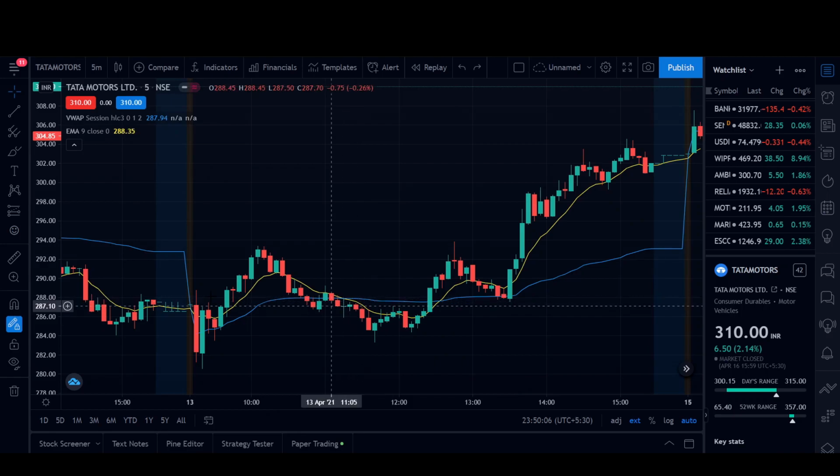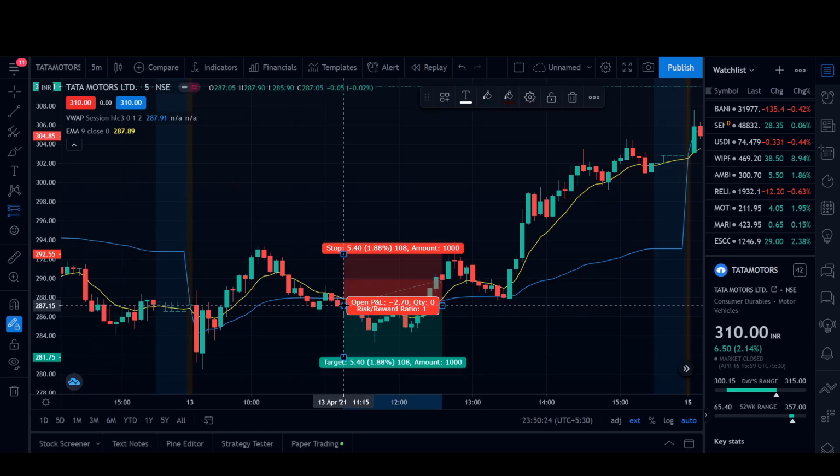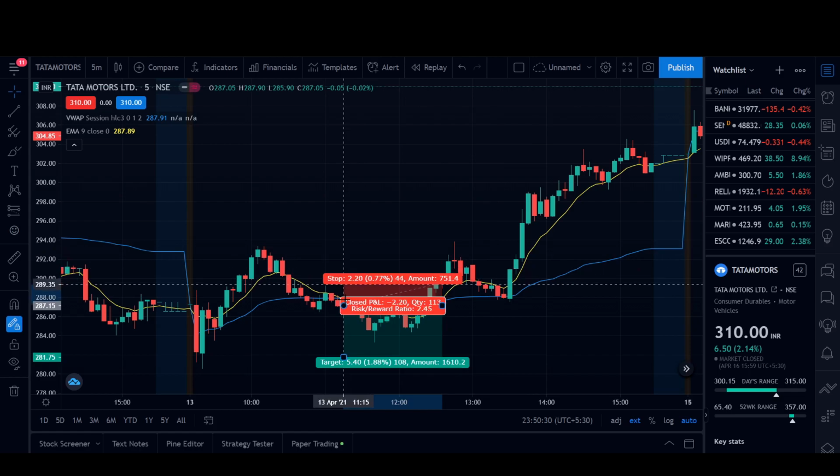A 5-minute candlestick has formed, a doji has formed, and let's change this to short. Again, our stop loss here is going to be just above the VWAP, somewhere here, and we can keep a good target of 1%.